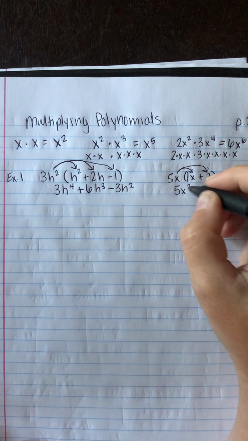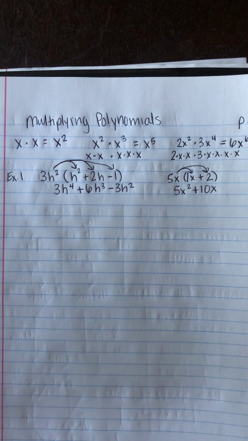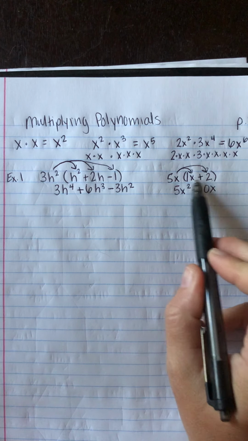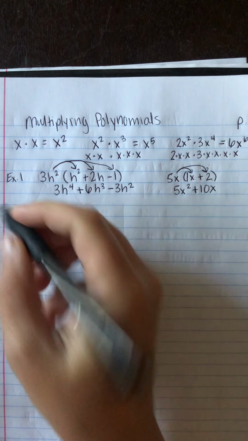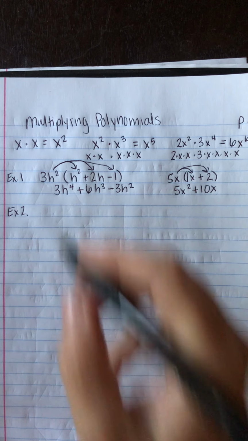And then 5x times 2 would just give us 10x. So you're going to see some of those problems today, probably not a whole lot. For the majority of our problems, they are going to be binomials times binomials. So if you remember back to when we were naming polynomials, a binomial just means it has 2 terms like this right here.